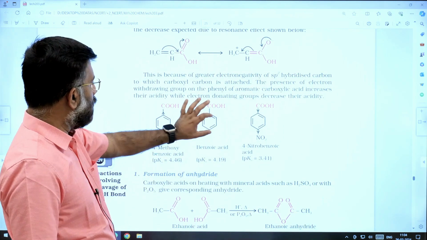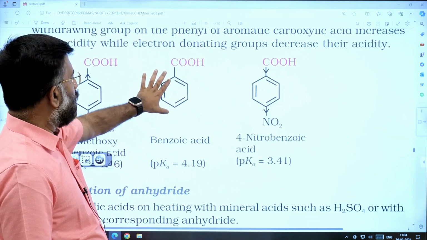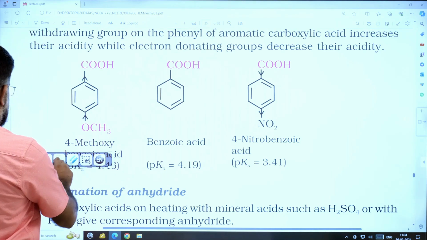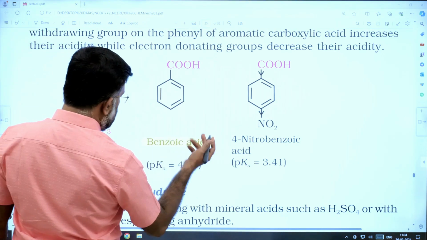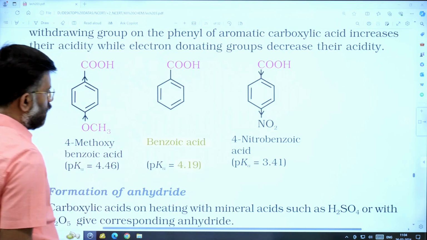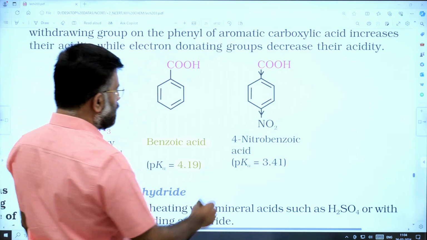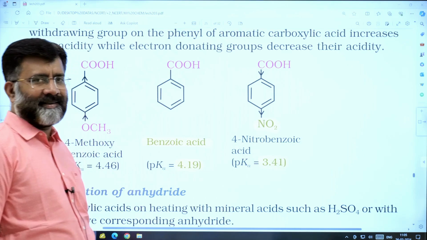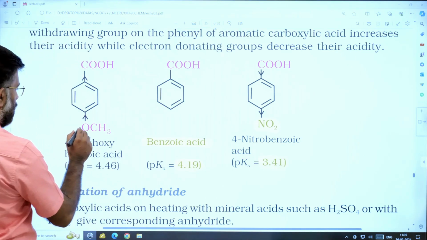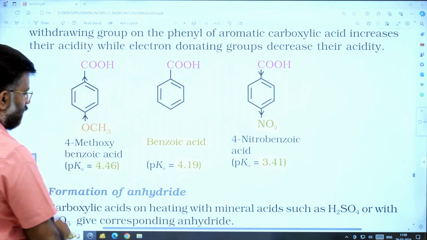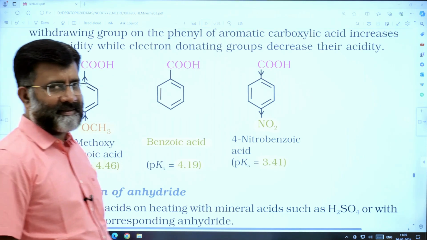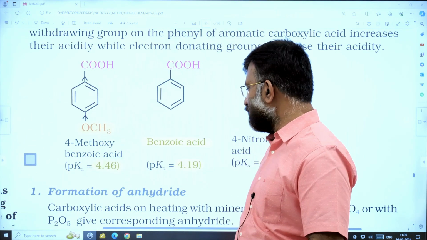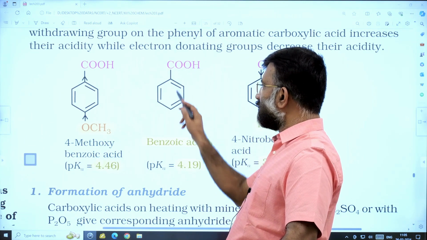And here we have some substituted benzoic acids. Benzoic acid without any substitution is 4.19. When there is an electron withdrawing group, the value decreases, acidic character increases. While when there is an electron donating group, the value increases, acidic character decreases. You see this? 4.19 without any group.